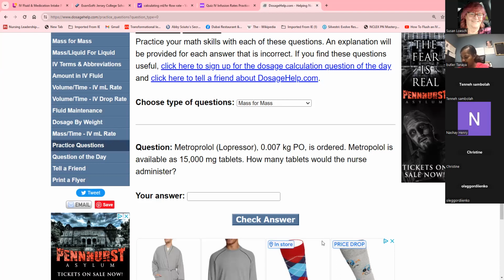Multiply. Okay, and you're going to have to do it how many times? Twice, right? Because you're going from kilograms to gram and then to milligram. So if you're going kilogram to milligram, you got to multiply twice. Don't forget, it's kilogram, then gram, then milligram.